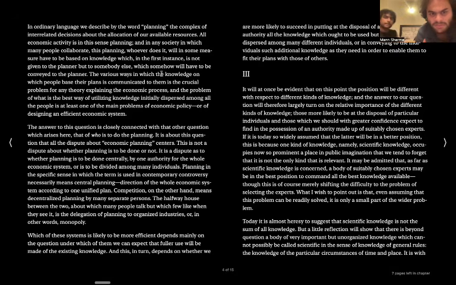The various ways in which knowledge on which people base their plans is communicated to them is a crucial problem for any theory explaining the economic process. And the problem of what is the best way of utilizing knowledge initially dispersed among all the people is at least one of the main problems of economic policy, or of designing an efficient economic system.